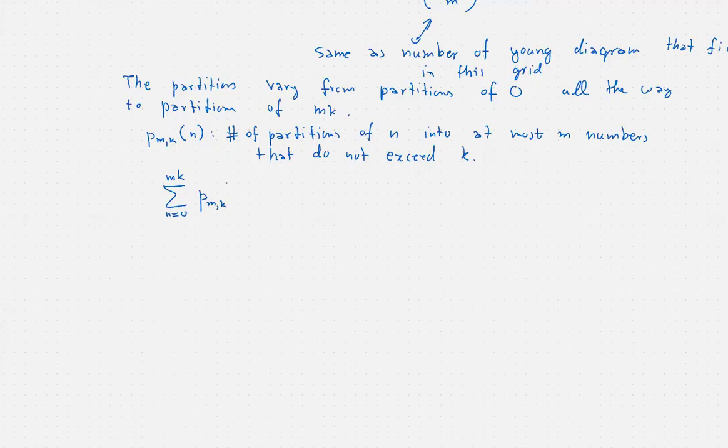So this would be the same as saying what partitions fit inside the grid with m rows and k columns, and we just add up q to the size of the partition. So that would be precisely the same thing.